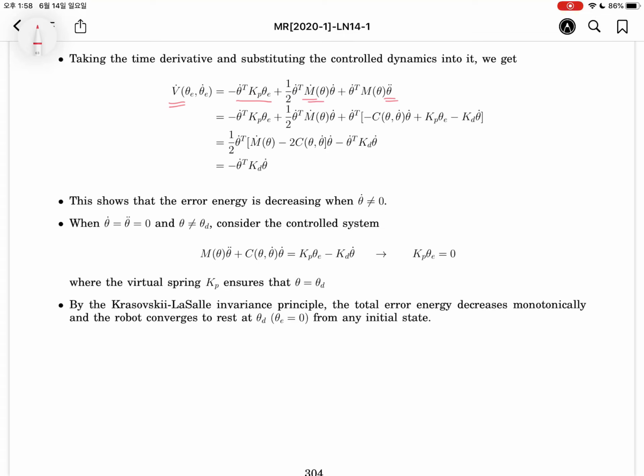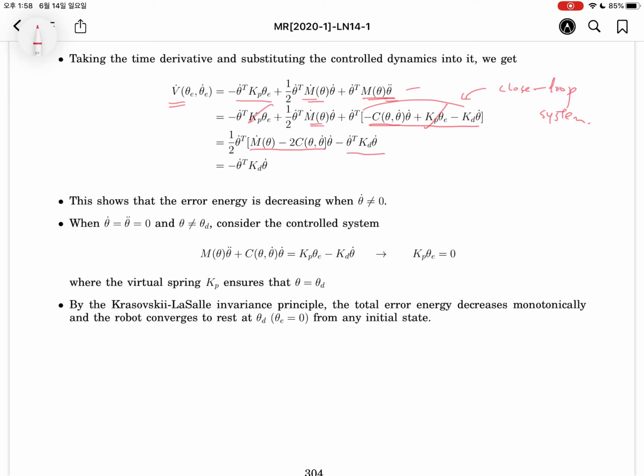Here M theta double dot is equal to this one from the closed loop dynamics on the previous page. Here M dot and the minus 2C can be combined, and then this term and these terms appear again with the opposite sign. So we have one more term here.